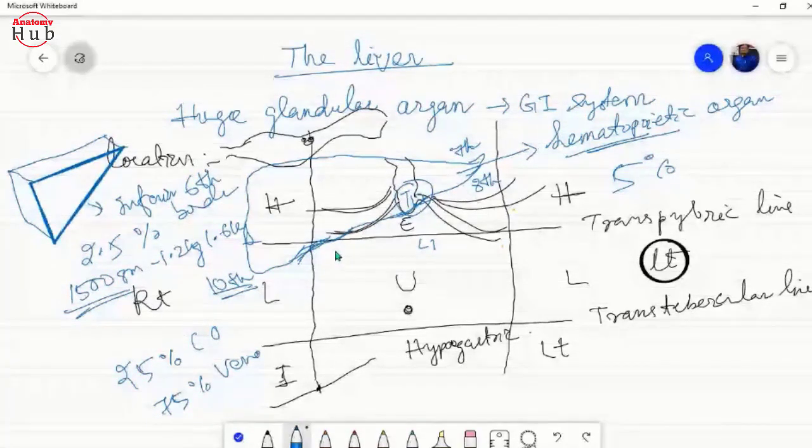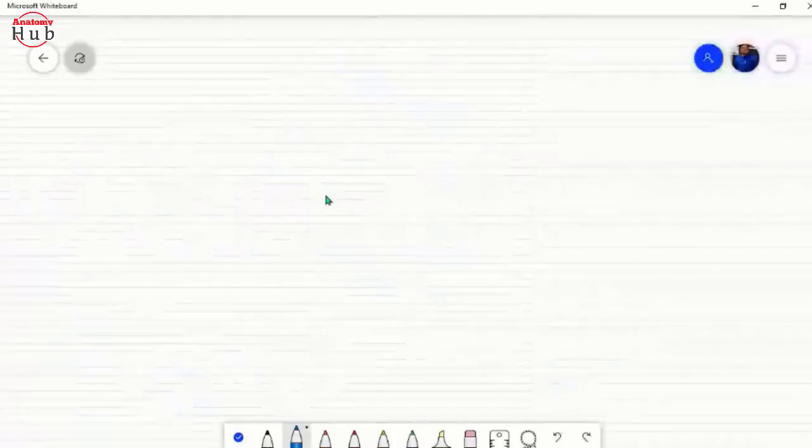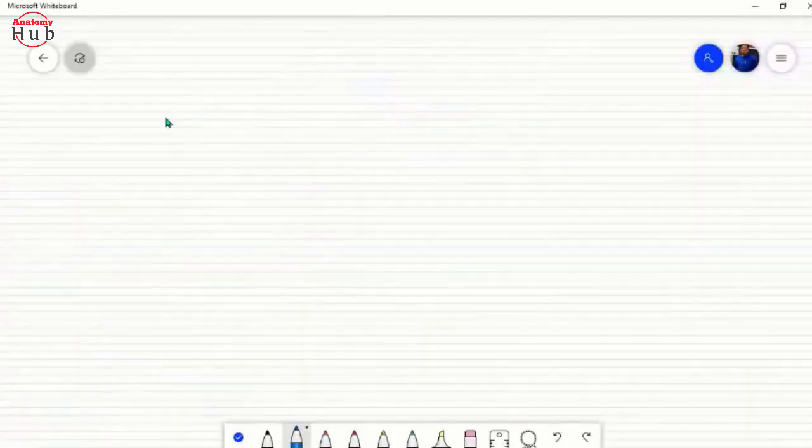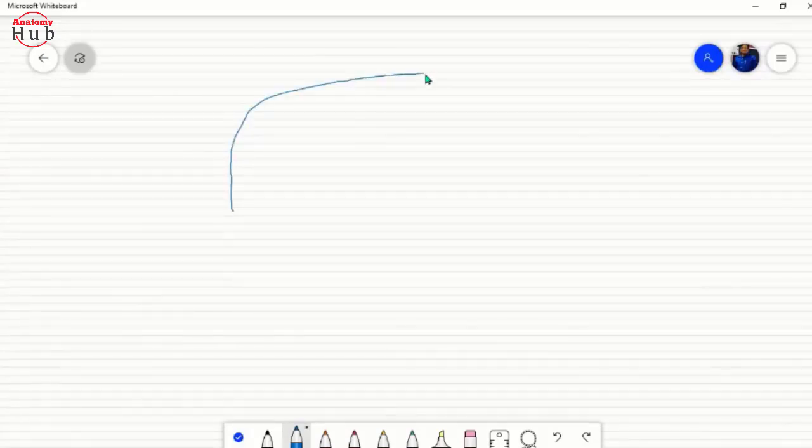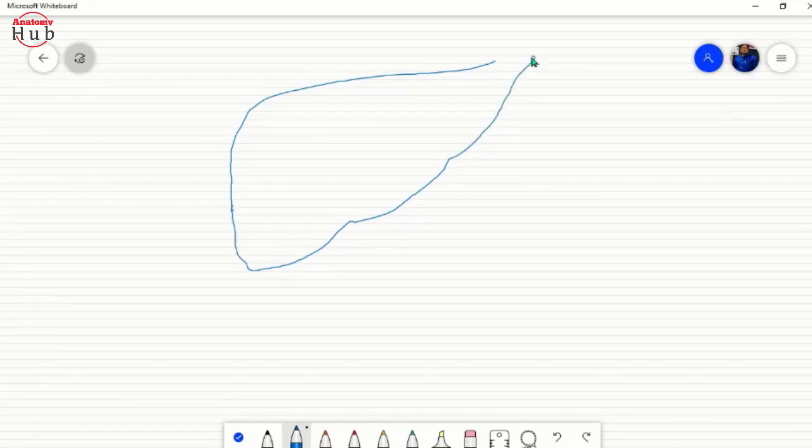Okay. So now we'll see the surfaces. As you have seen, this is your liver. Here you'll find a notch for the gallbladder, then another notch for the falciform ligament, then the liver goes like this.